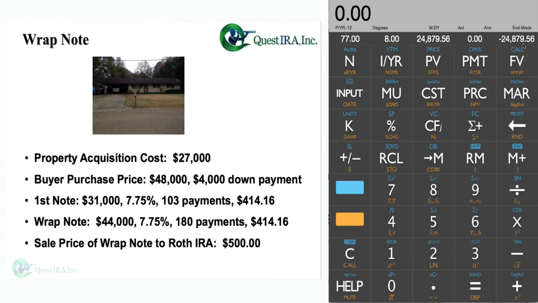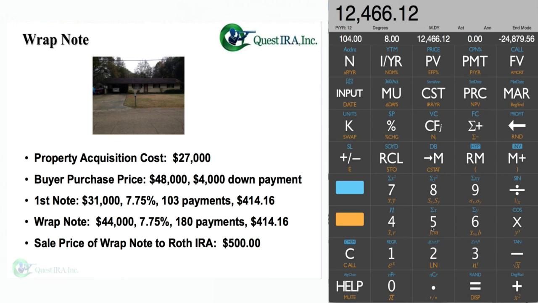So this is the amount that note is worth, but I'm not going to get it for 104 months, and I still want my 8% return. What's it worth? 12,466. So if you were okay with 8%, you'd pay 12.5 for the right to collect 77 payments starting 104 months from now.